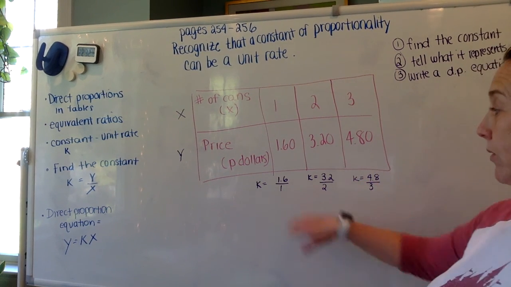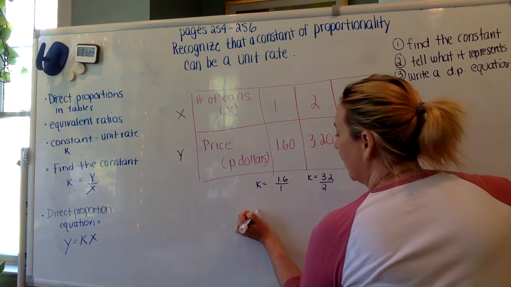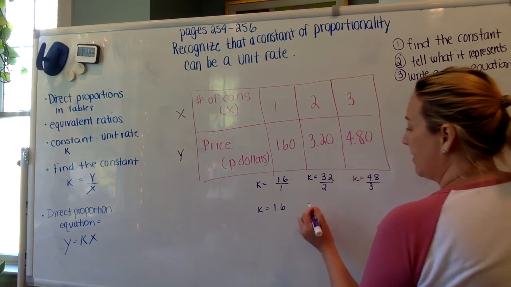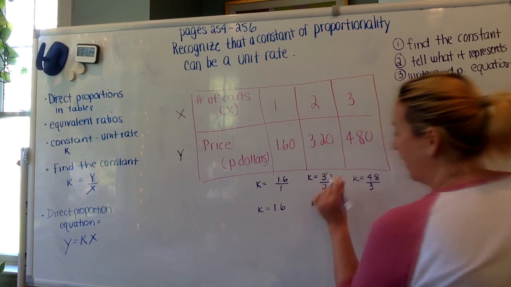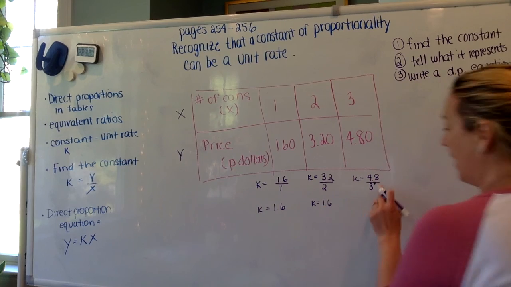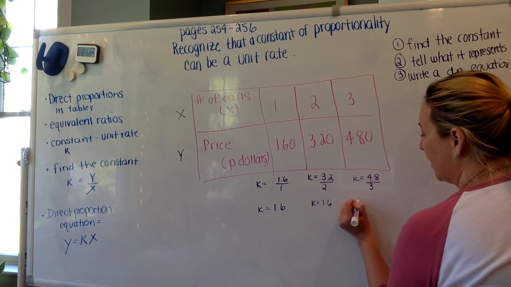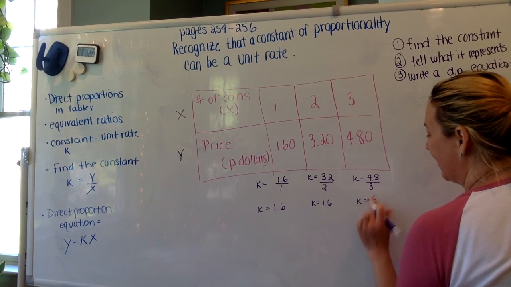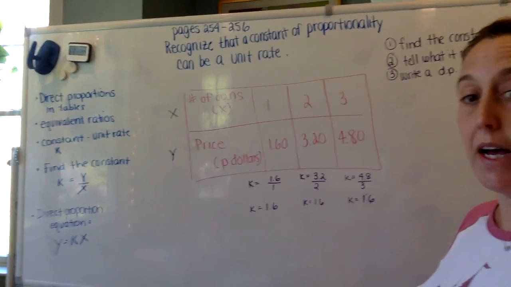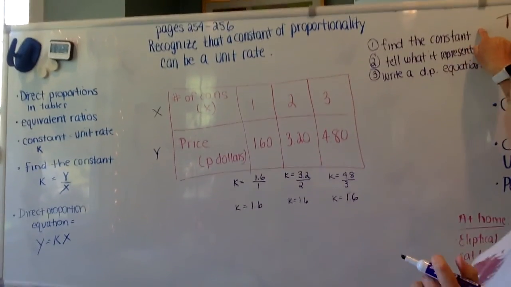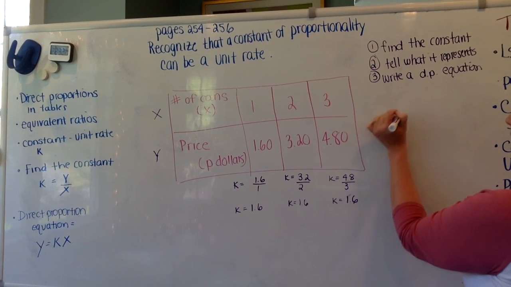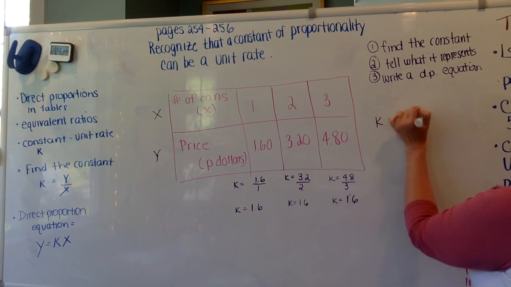And if we do this out, K ends up being equal to 1.6. In this example, K is half of 3.2, which is 1.6, and a third of 4.8 is 1.6. So, in fact, we have found the constant. The constant, K, is equal to $1.60.